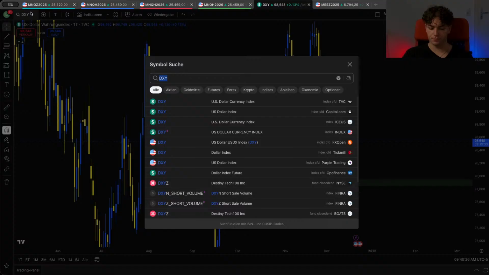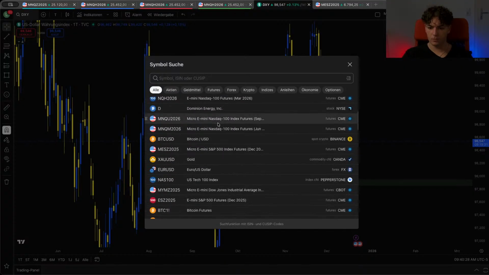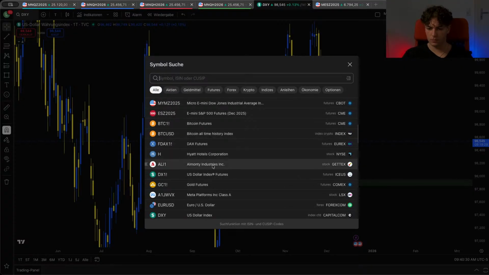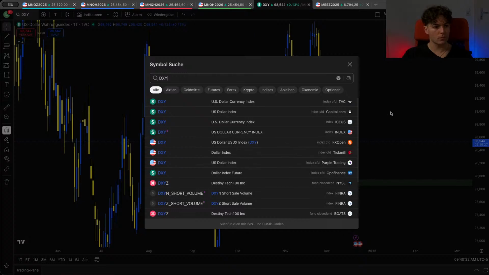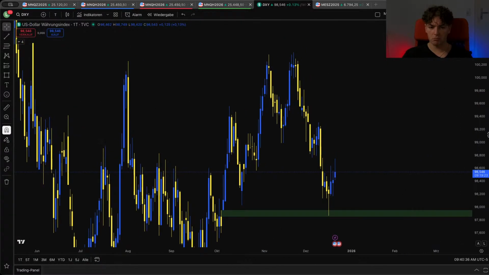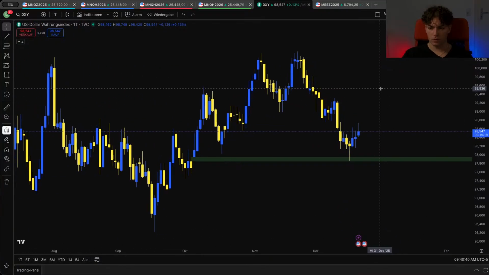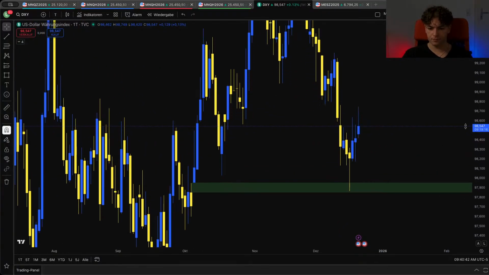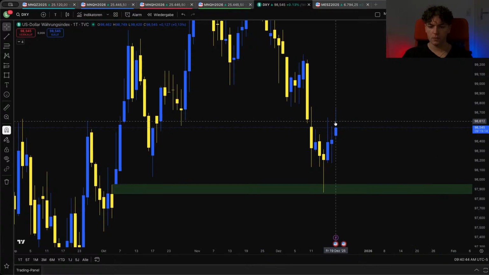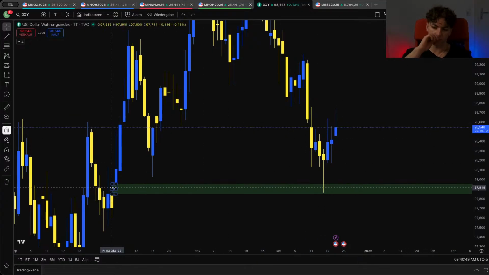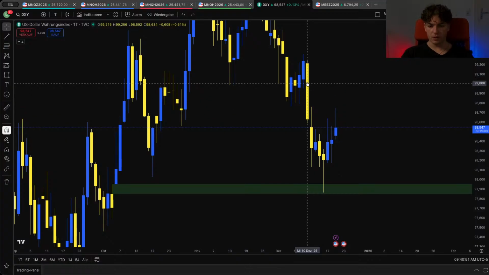Okay, so that was a draw for dollar. Price traded all the way down and wicked down into this one imbalance right here.